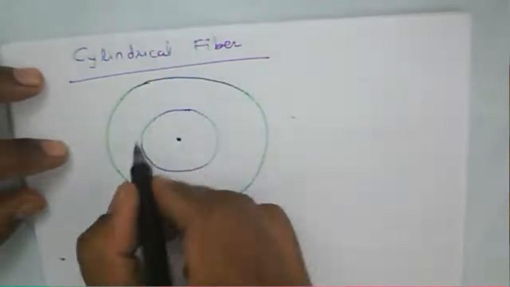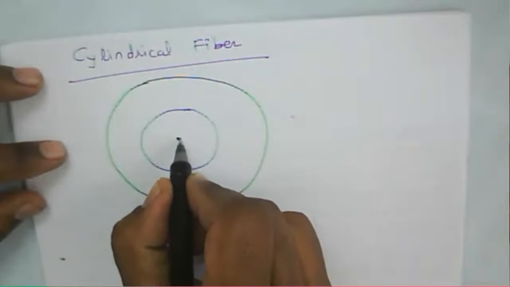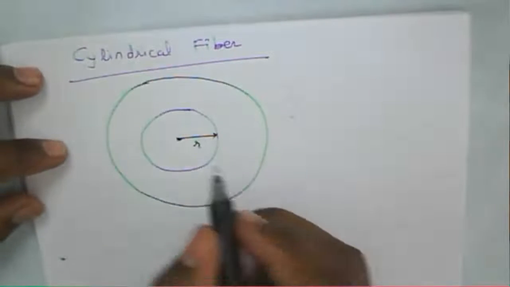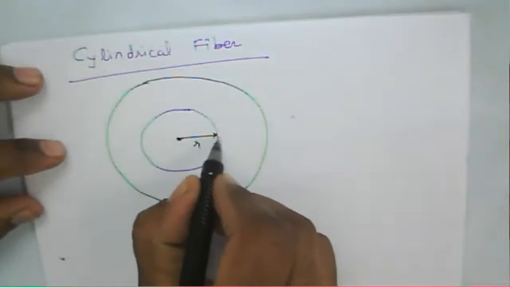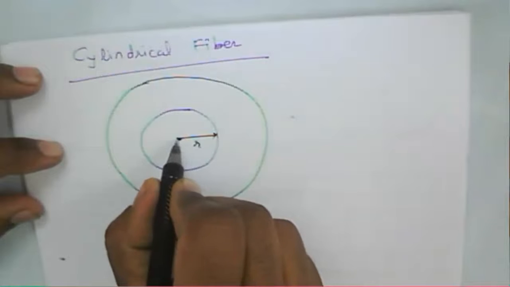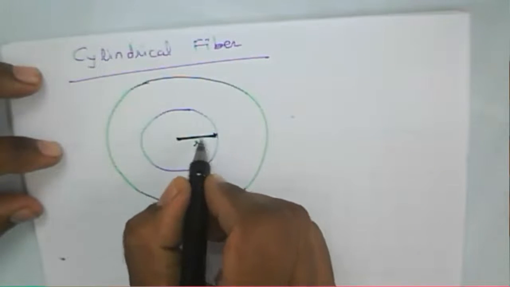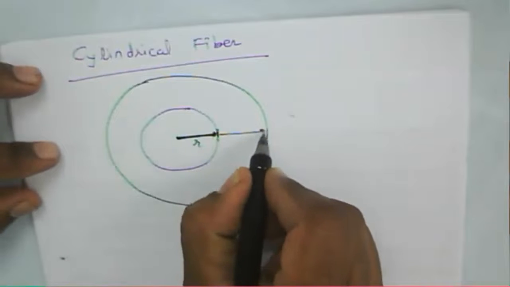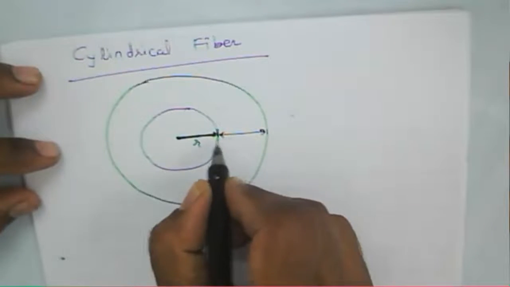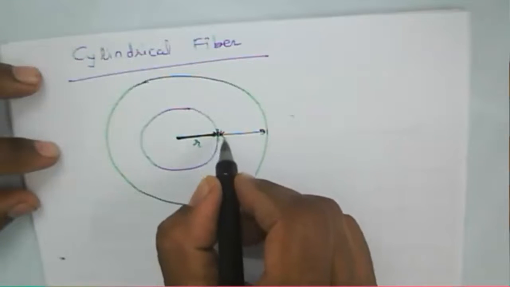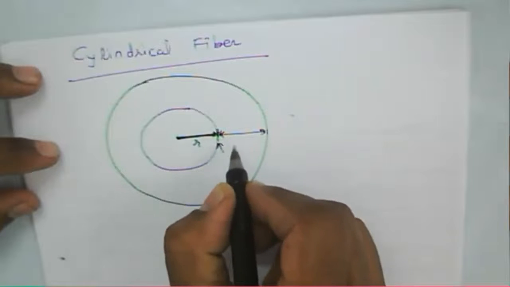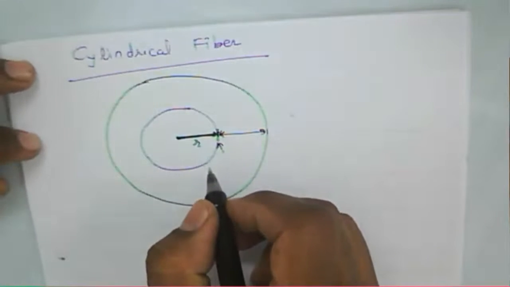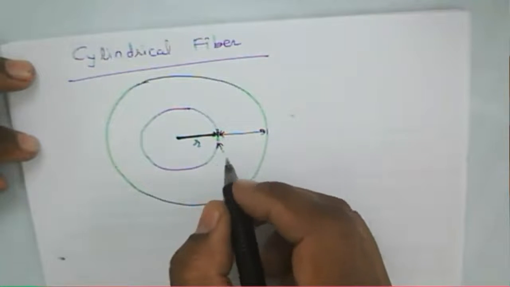It has the center of the core, and from the center, throughout the given radius of the core, if the fiber has the same refractive index, and there is an abrupt change at the boundary of the cladding, that particular fiber is called a step index fiber.